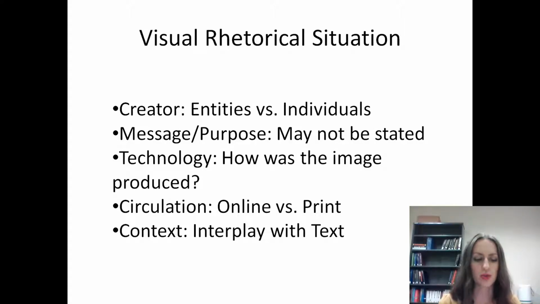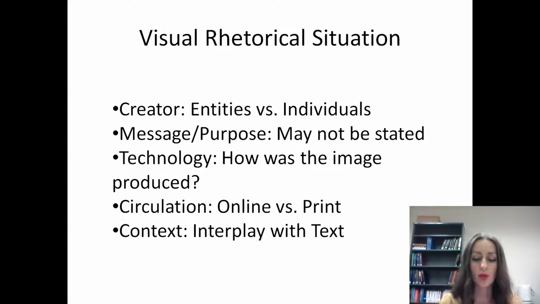of the rhetorical situation. I just want to point out a few things that might need to be approached a little bit differently when considering the rhetorical situation of a visual image. Like your textbook says, for the most part, especially when it comes to ads, most visual images aren't produced by just one person, like a text. It's usually an entity, a company, or a group.